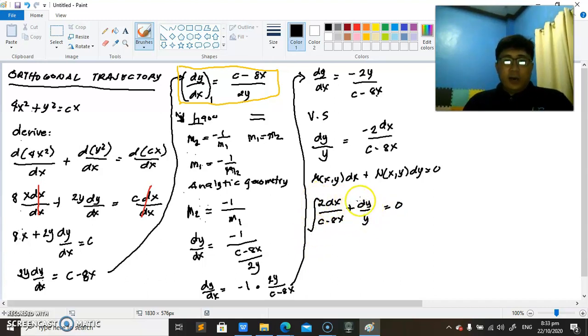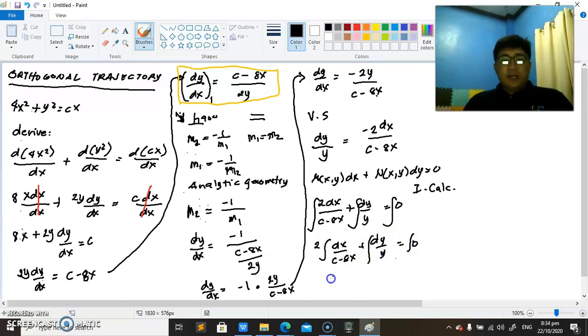Therefore, we can now apply integral calculus. From here, you need to integrate. We can put the constant outside: 2 over c minus 8x dx plus dy over y, integral of 0. After that, we know this is ln y.